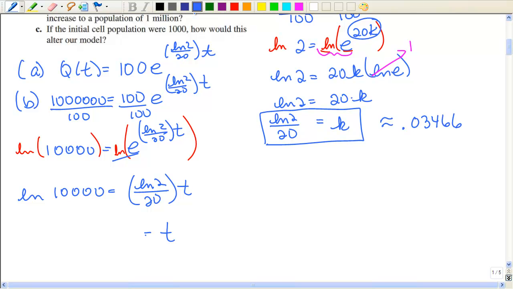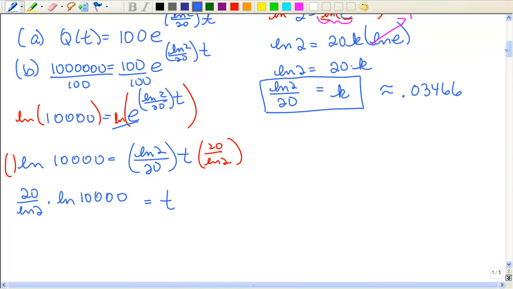Now I want to solve for t, so I'm going to multiply both sides by the reciprocal. So I have 20 times the natural log of 10,000 divided by the natural log of 2.